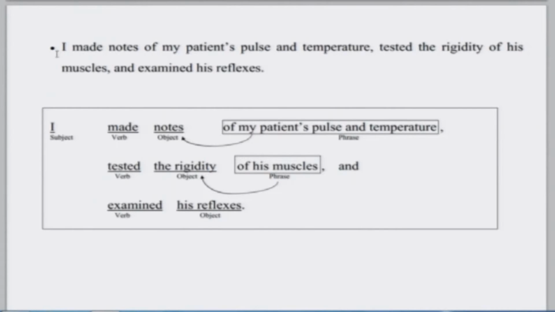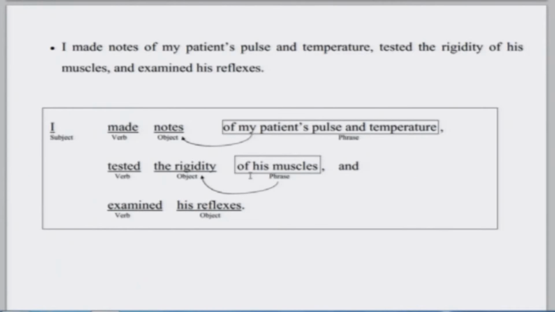Fine. I made notes of my patient's pulse and temperature, tested the rigidity of his muscles and examined his reflexes. I is the common subject with these three clauses. I made notes, I tested the rigidity, I examined his reflexes. So, there are three clauses, and all three clauses are equally prominent.